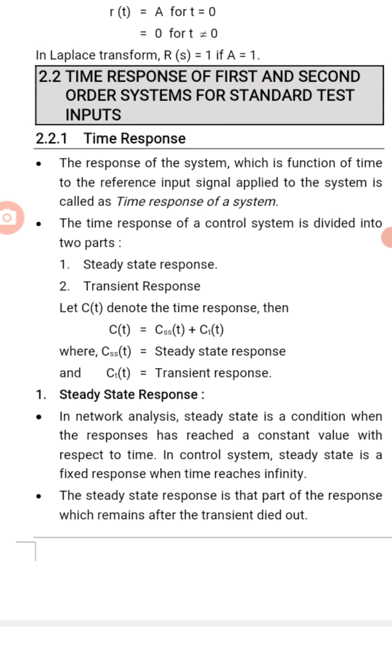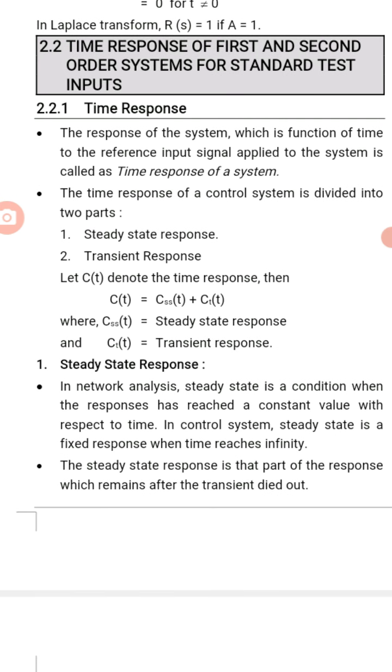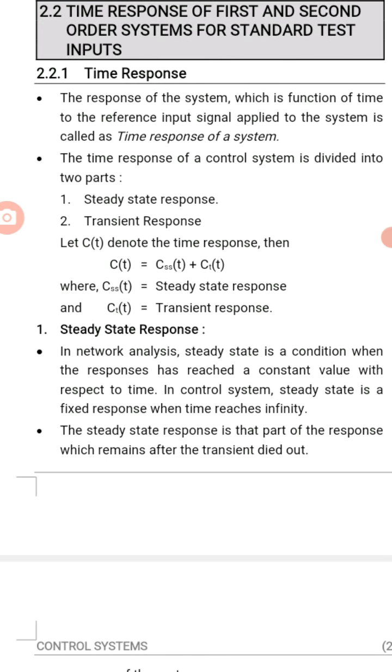That means the rate of change of amplitude is infinity, hence the frequency is infinity for a standard test input, the unit step input. And the other response is the steady state response.